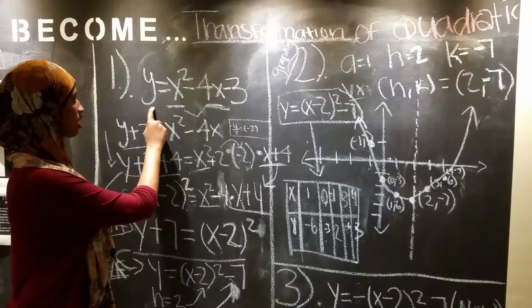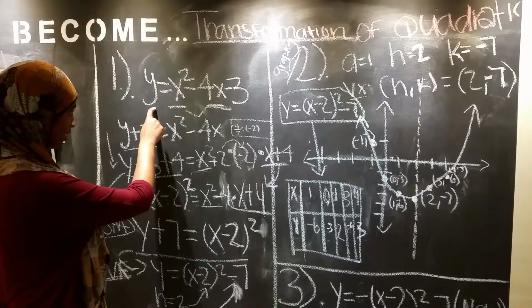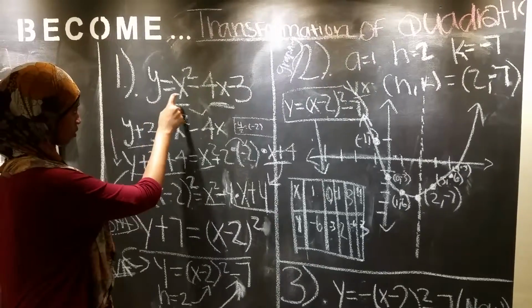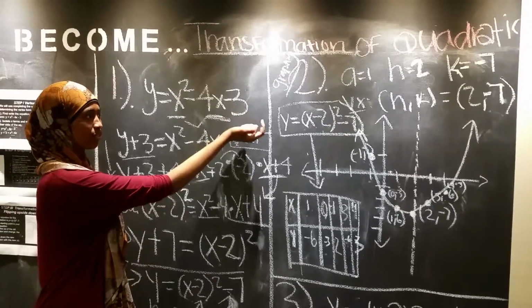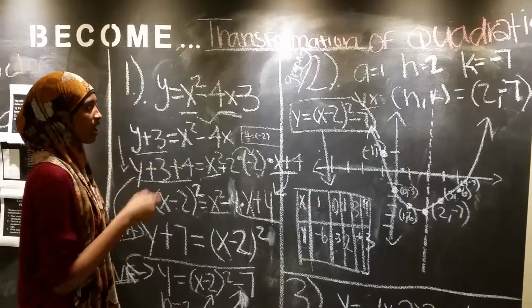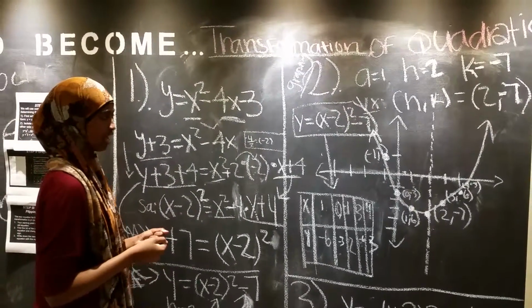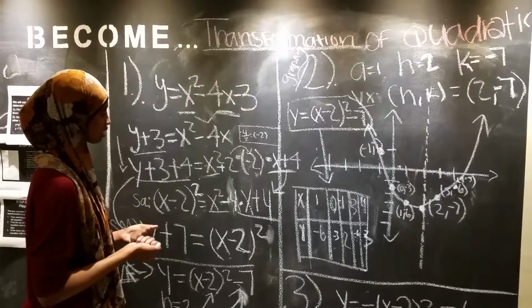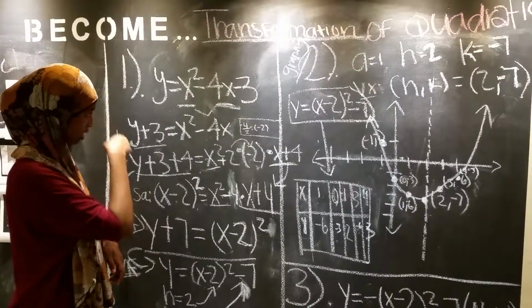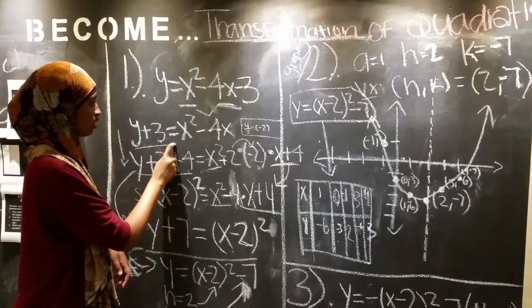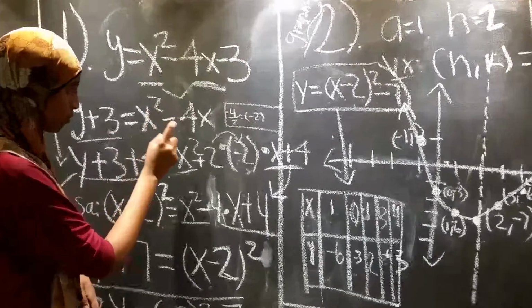I have a quadratic function y equals negative x squared minus 4x minus 3. So we have to isolate our x terms. By doing that, we have y plus 3 equals negative x squared minus 4x.